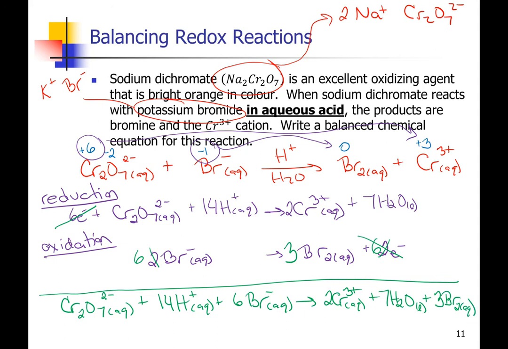And if you were to go through and check, you have the same number of atoms of each element on both sides of the equation, and you have the same total charge on each side of the equation. And both of those have to be true for the overall equation to be balanced.